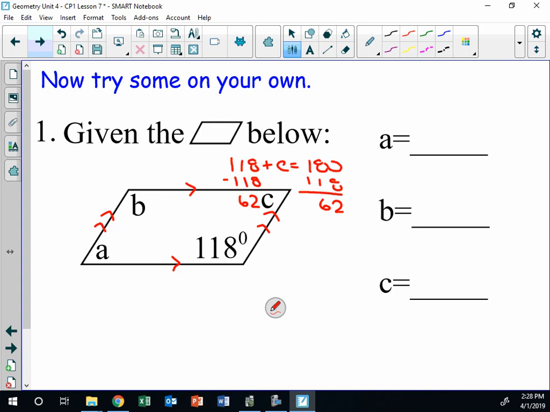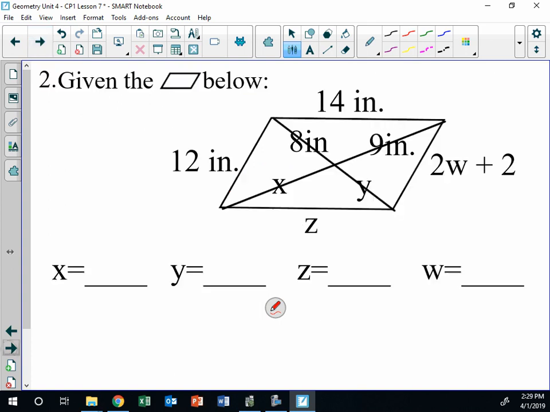Once we have that measurement, we know that opposite angles are equal to each other, so we know that A is 62, we know that B is 118, and we could verify this knowing that we have a 4-angle shape, adding up all 4 angles and making sure that we get 360 degrees for the total.